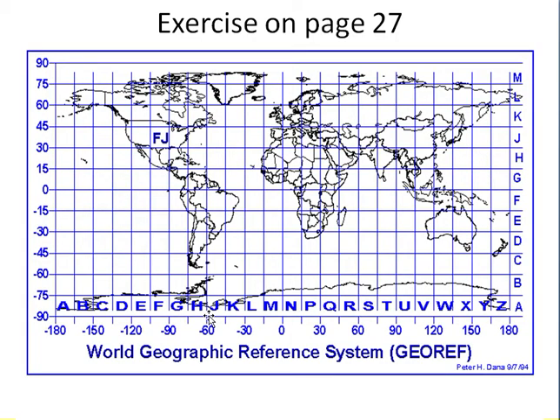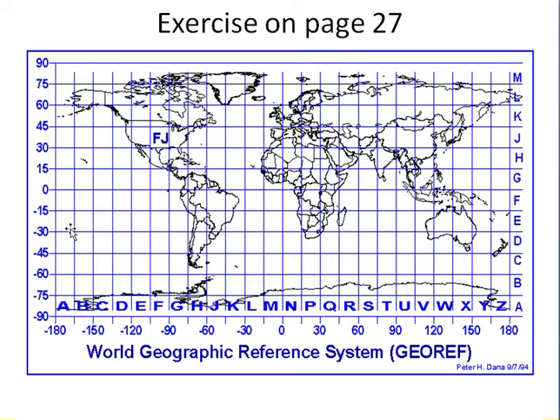Now let's do this exercise here. This is the World Geographic Reference System. Like we did one exercise in the previous lesson, there were grids given, and we have to find out which continent or the oceans were found in different grids.